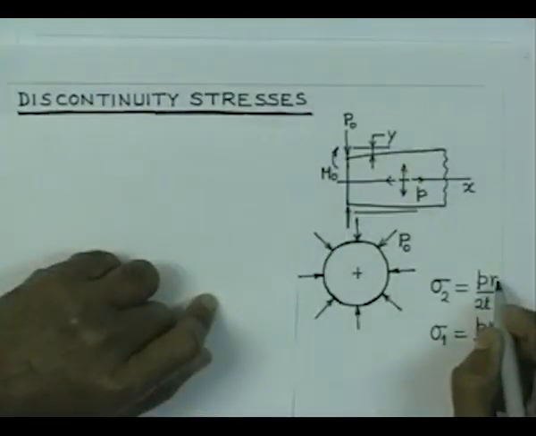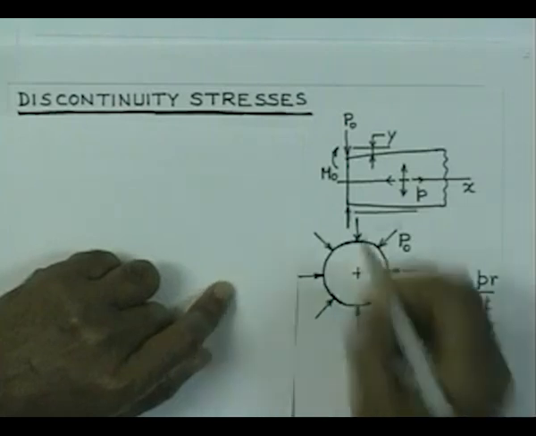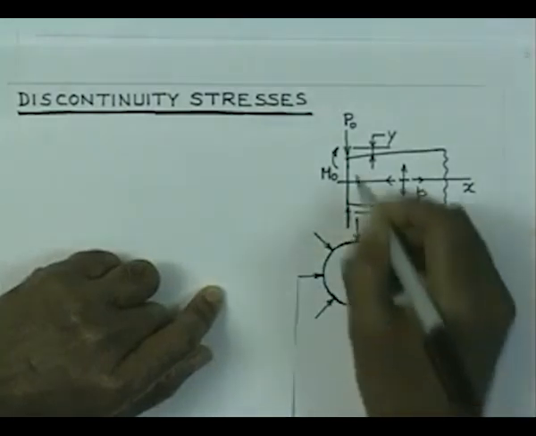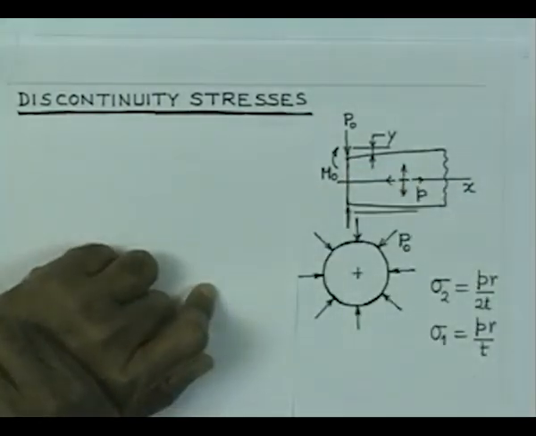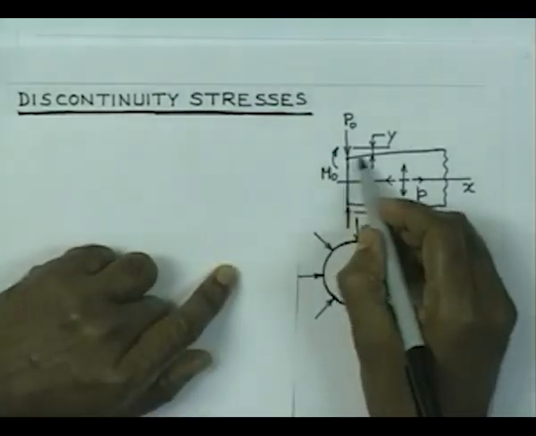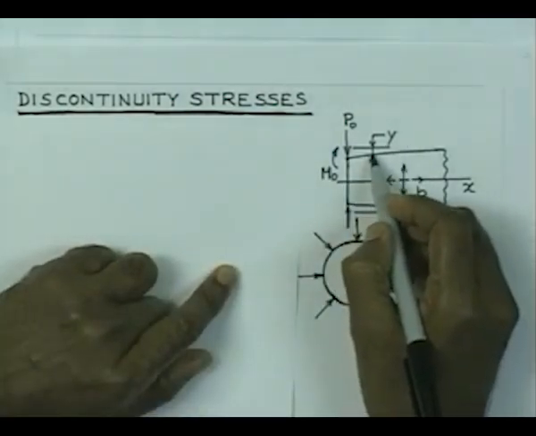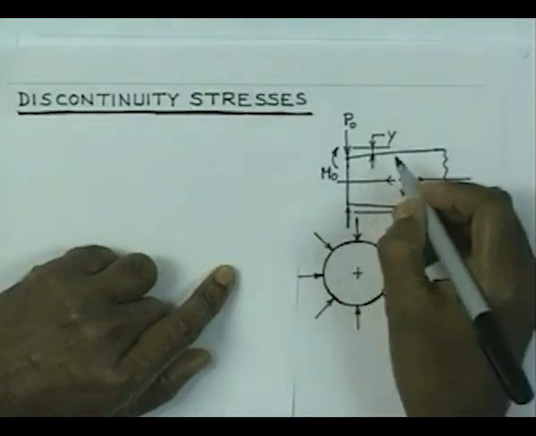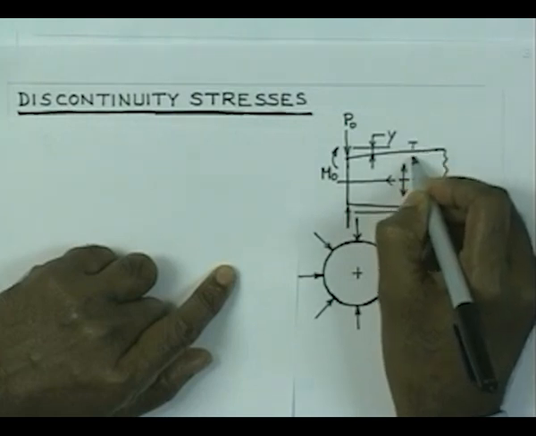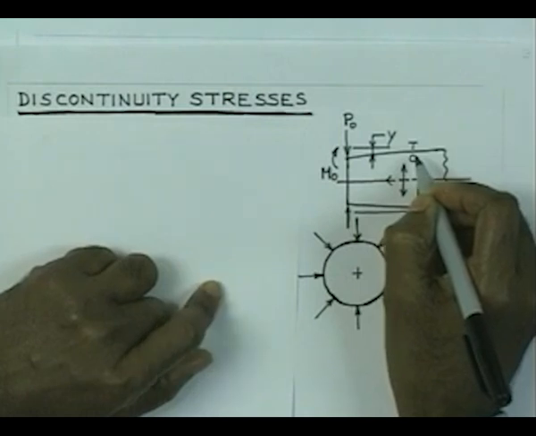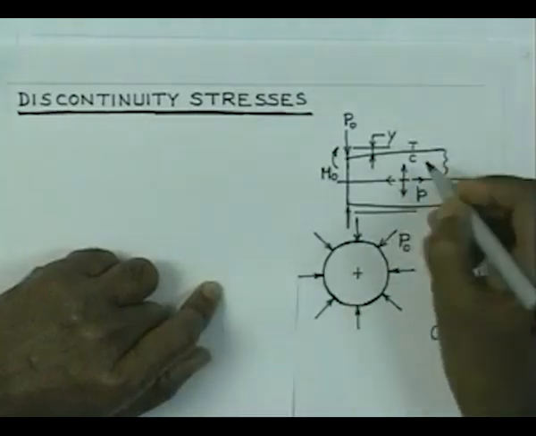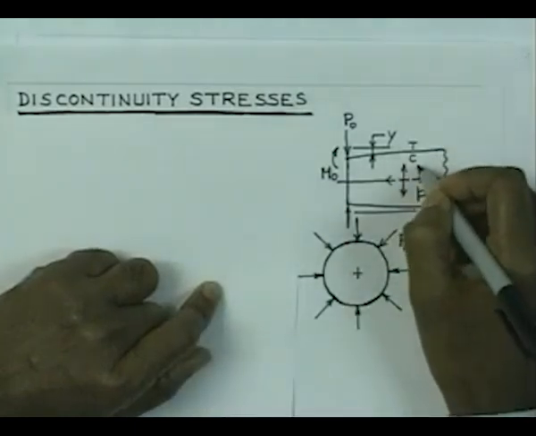So, that is one stress because of these local forces, and at the same time, since it is bending, at this section there is going to be some bending moment, and that bending moment is going to cause in the shell stresses which are going to be tensile at the top fiber, compressive at the bottom fiber, and due to the Poisson's ratio effect you will find that the stress in the circumferential direction is going to be compression at this point, tensile at this point.